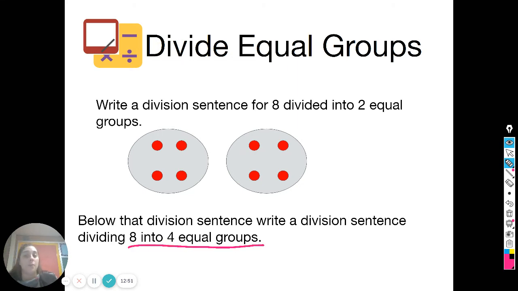It may help you to draw a new picture. So go ahead if you need to, take 8 dots, put them into 4 equal groups, and then write your division sentence. Blank divided by blank equals blank. I'll give you a little extra time on this one since you might be drawing.